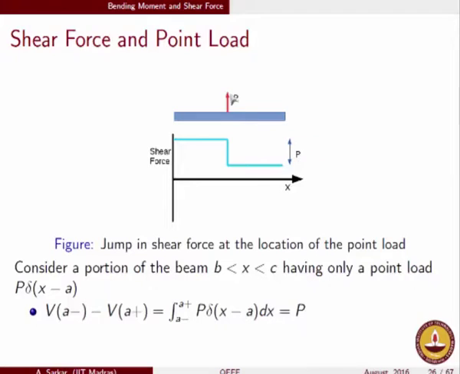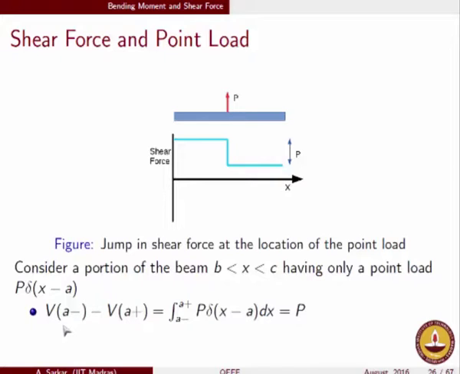This point load, which is now treated as a delta function, is centered at x equals a. So at x equals a we have a point load, which we write as P times delta x minus a. The total value of the load is P, and it is centered at x equals a. Now we take a point just on the left of a and a point just on the right of a, denoted by a minus and a plus.